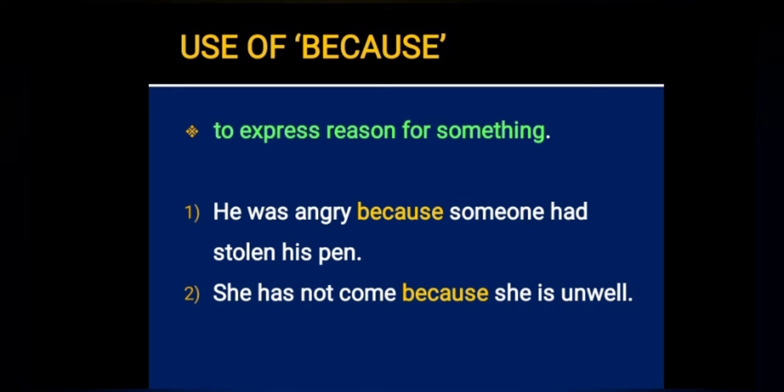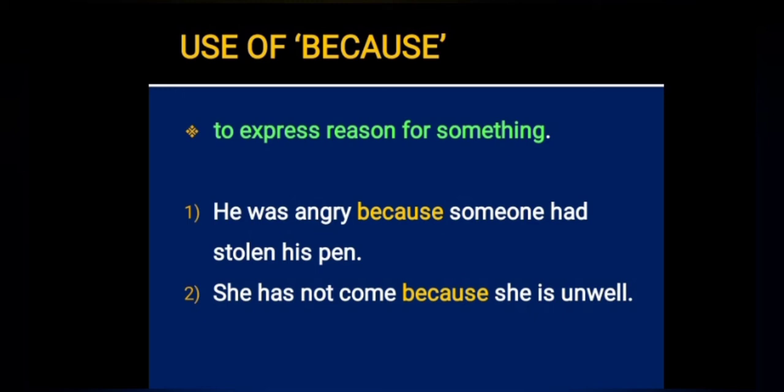When we have to express a reason, a cause for doing some action or happening of some activity, then we use this conjunction "because". Actually, "because" answers the question why. Why did this action take place? Why did this thing happen? The answer to this question is expressed with the help of the conjunction "because".